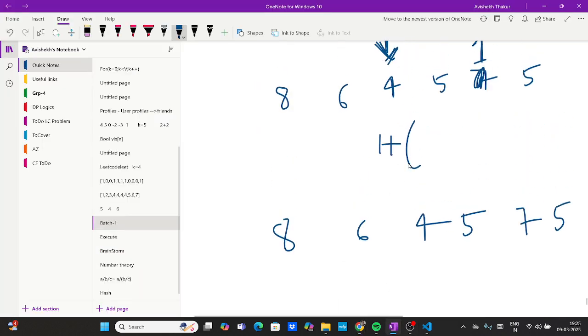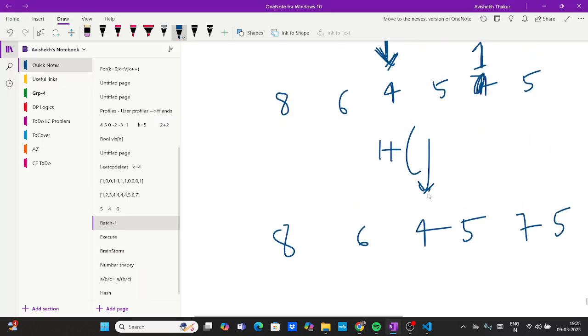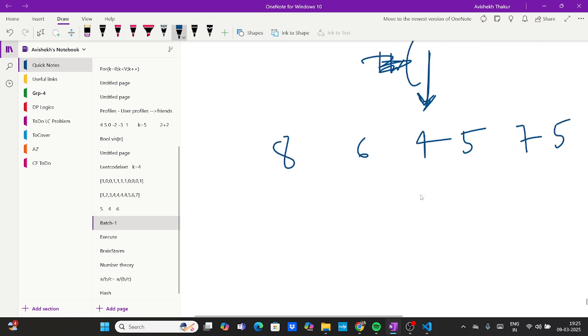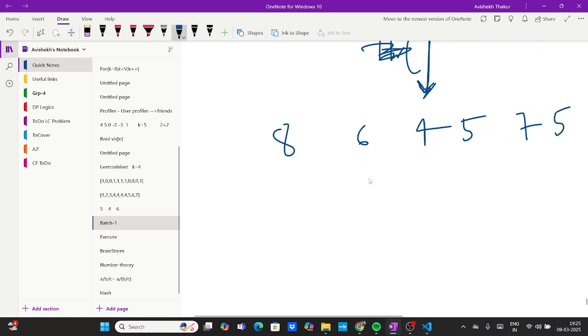So assume that we are at this building. If we are at this building, what's the minimum cost to bring? If I bring it from here, what will be my cost? 8 plus 0 minus 2, which is 10. Yes, 10.